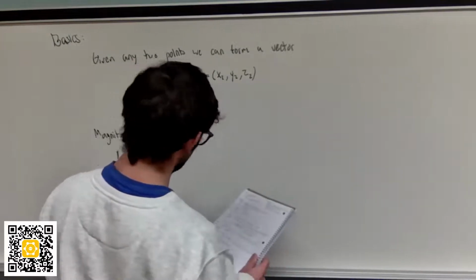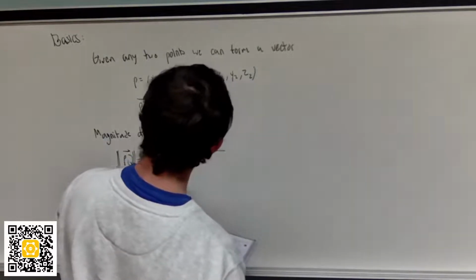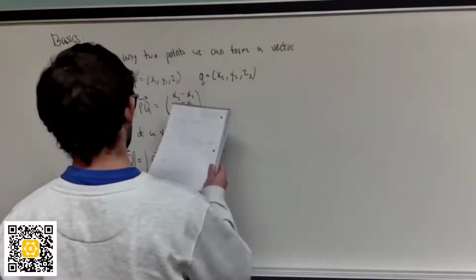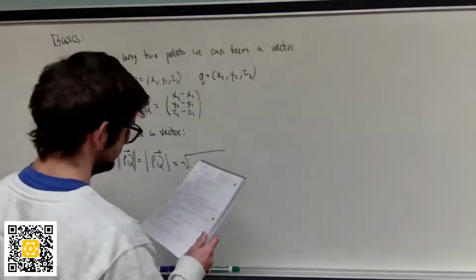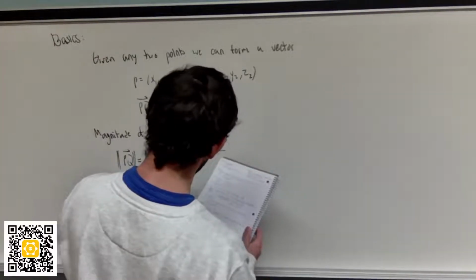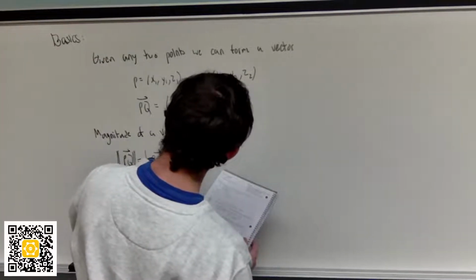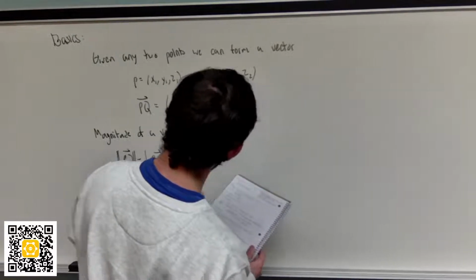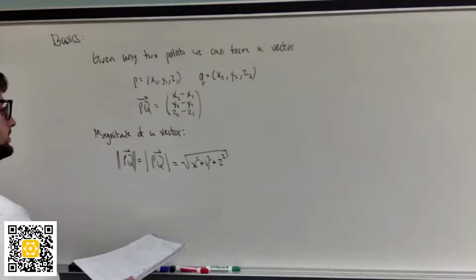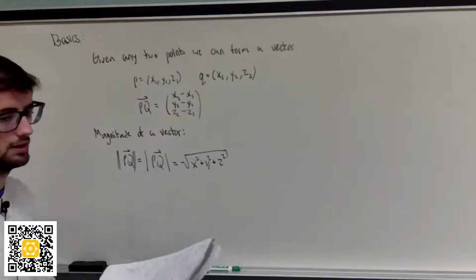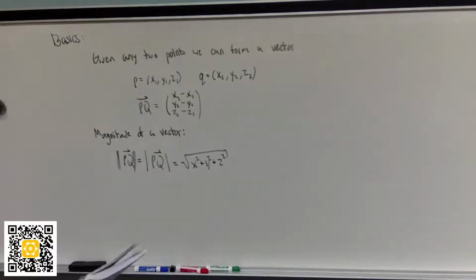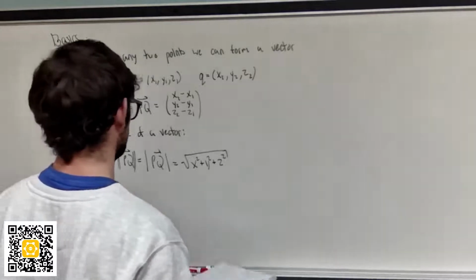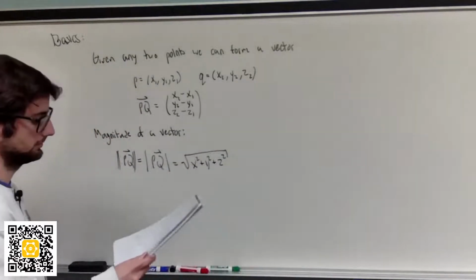It's the square root of the sum of the squares of every element: x squared plus y squared plus z squared. By product, I mean the first element times the first element itself.